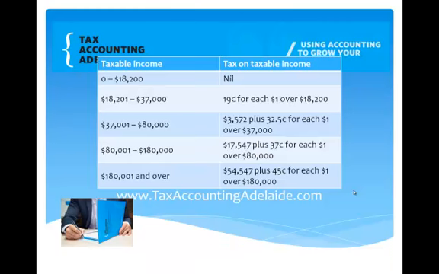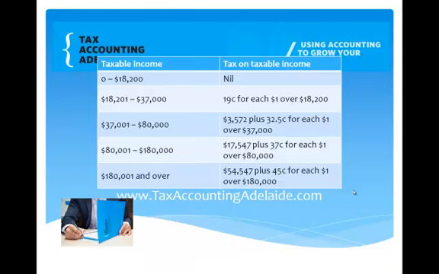Okay, as I mentioned earlier, I wanted to show you our Australian tax rates. The first 18,200, if you're a resident for tax purposes, is taxed at 0. Every dollar above 18,000 is taxed at 19% until 37,000. Above 37,000 you are taxed at 32.5%, then above 80,000 it goes up to 37%, and above 180,000 it goes to 45%.